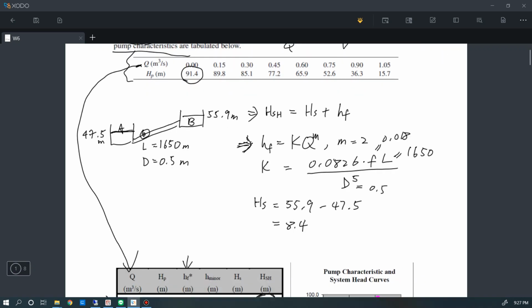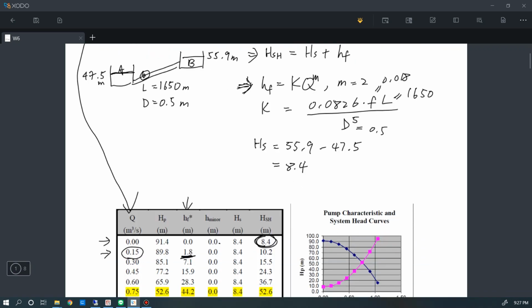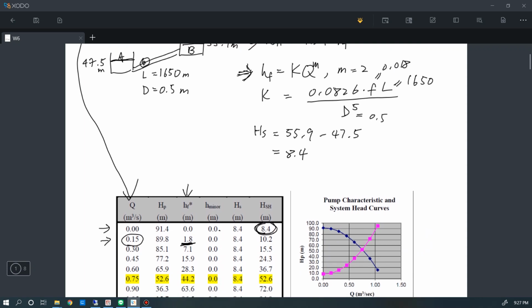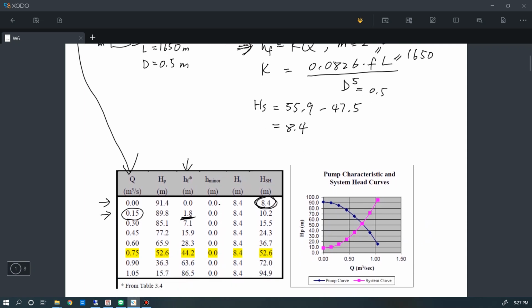You can calculate the head loss given the flow rate using this equation and just write it down here. So the total energy that we need in this case is 1.8 plus 8.4, which is equal to 10.2. So we can do that for all flow rates.